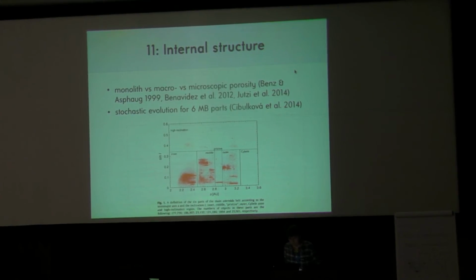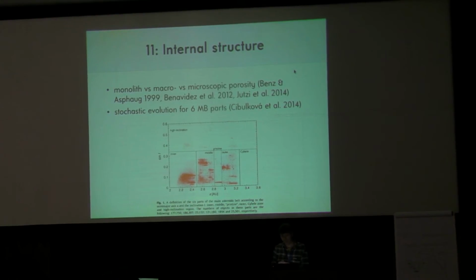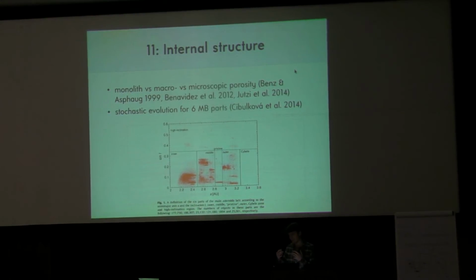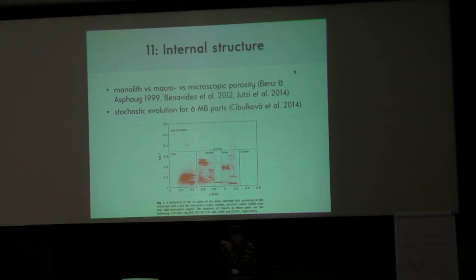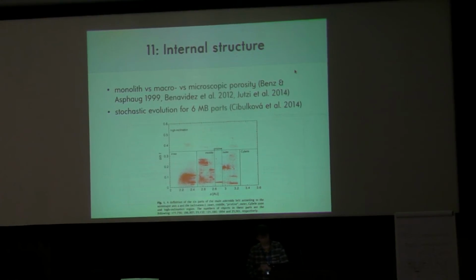But let me discuss the internal structure. Another important point. There is an ongoing discussion whether the asteroids are mostly monolithic, or they have a macroscopic porosity, or a sort of internal microporous material. The 3 papers are related to these 3 possible structures.